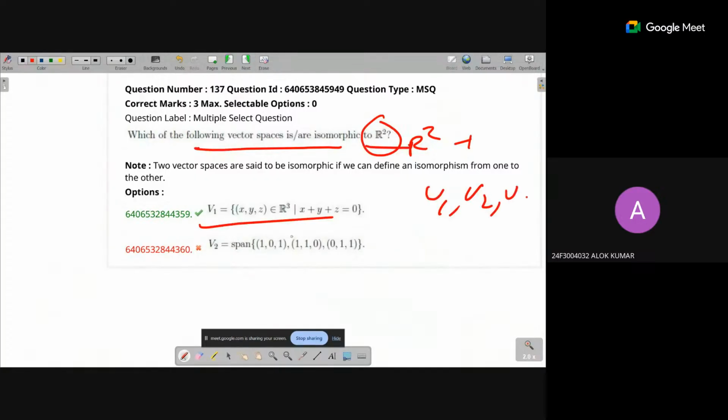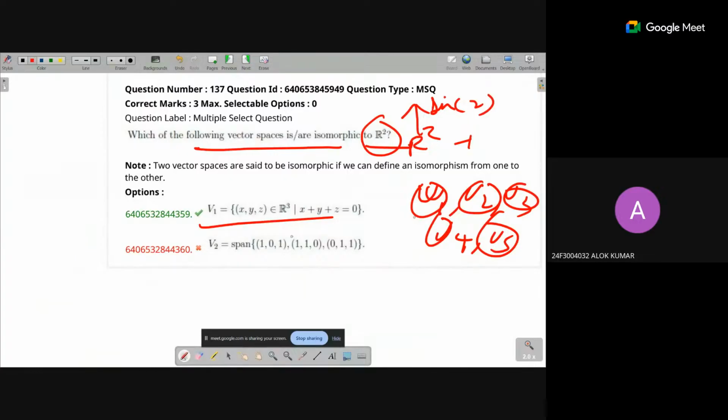There are 5 options, and from these spaces we have to find which will be isomorphic to R square. R square has dimension 2. So if any vector space among the 5 given has dimension 2, then the two will be isomorphic to each other.